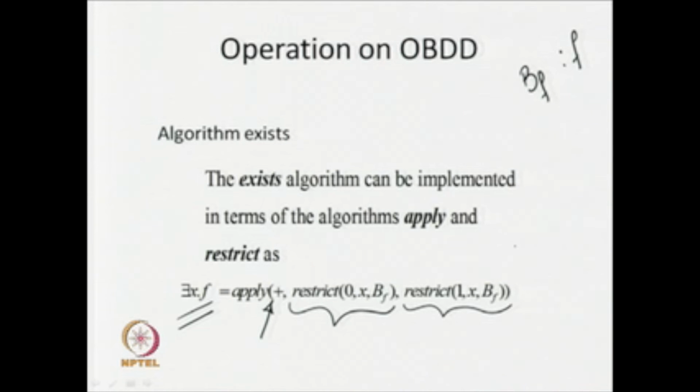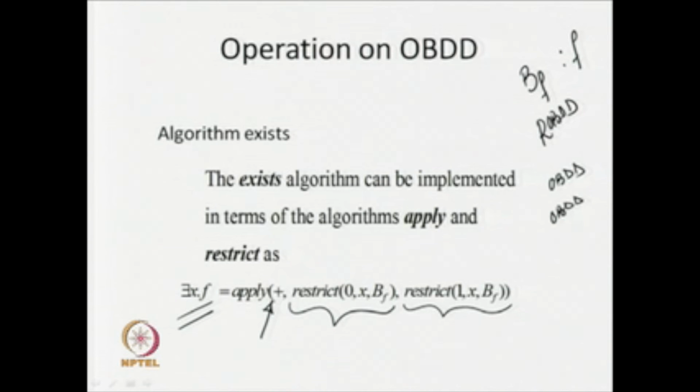Now, you just see that we are using this restrict x to be 1 and restrict x to be 0. So, if I am having, say, the ROBDD B f as my BDD, after restricting I am going to get one OBDD. And second, this restrict operation will give me another OBDD. But the variable ordering of these two resultant OBDDs will be the same as this particular B f.